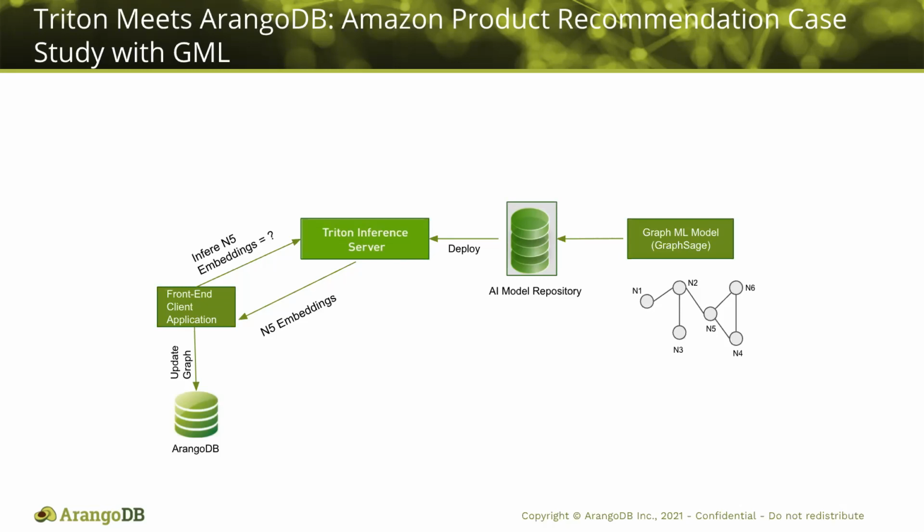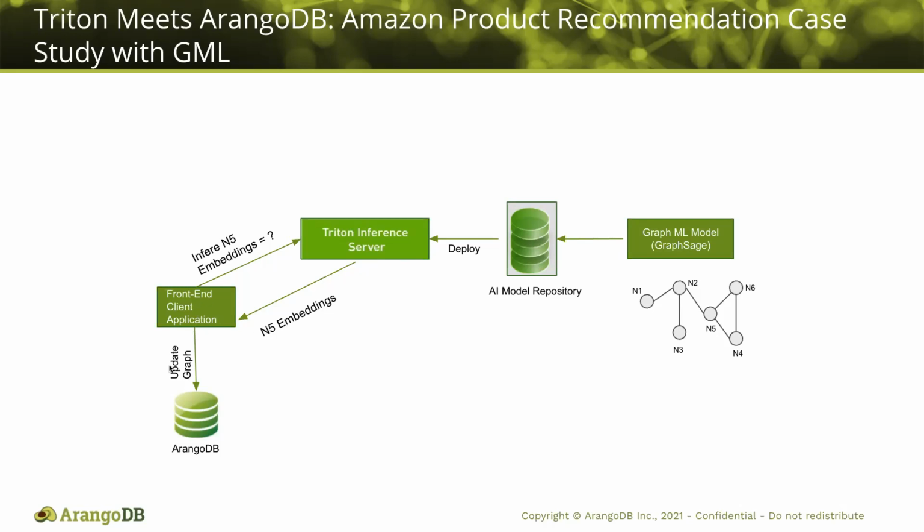Inputs here are basically node 5's original feature vector and its corresponding adjacency matrix, or basically the computational graph, which I have shown you previously. And then the Triton server gives back its embeddings, the node 5 embeddings.